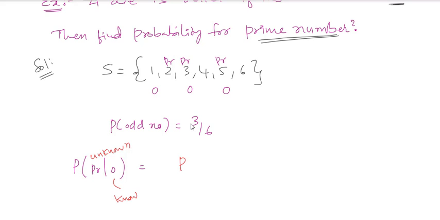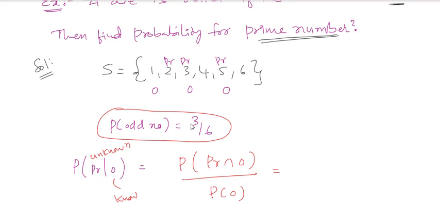Now if I represent that, the probability of A given B is the probability of A intersection B divided by the probability of B. So here, the probability of an odd number is 3 by 6. Can you tell me the probability of prime number intersection odd number?